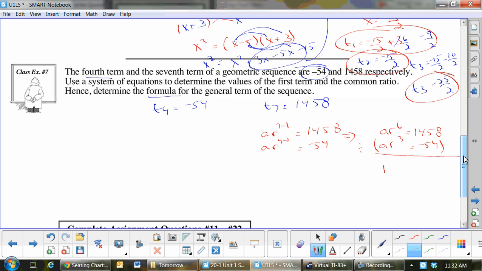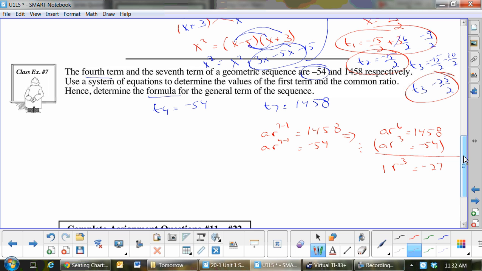So it is R to the 3. And what is 1458 divided by negative 54? Hopefully, negative 27.